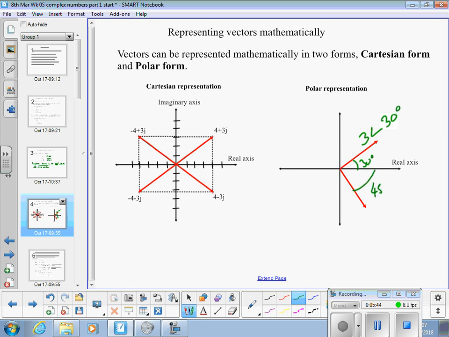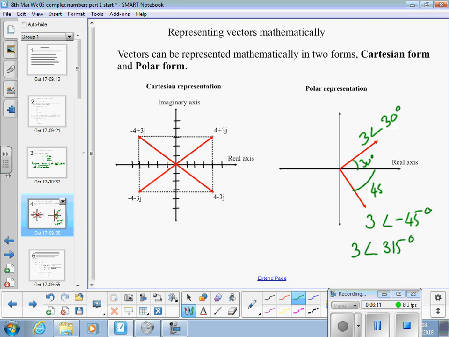Or it could be 3 angle 45. Or it could be 3 angle minus 45. It's 3 angle 315 degrees.